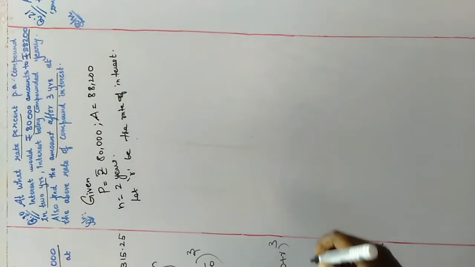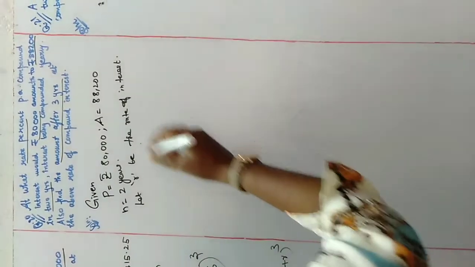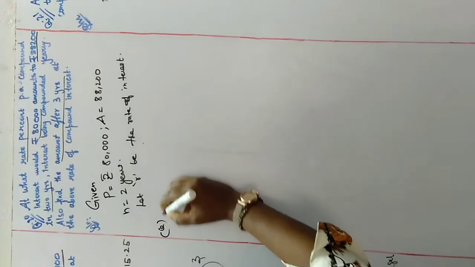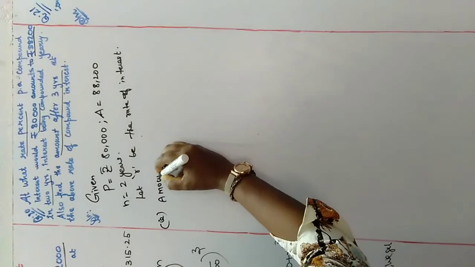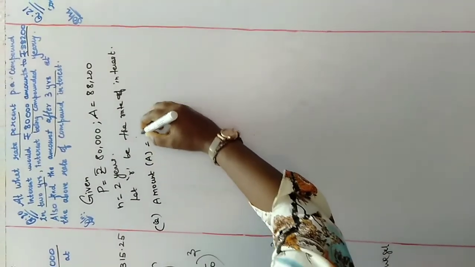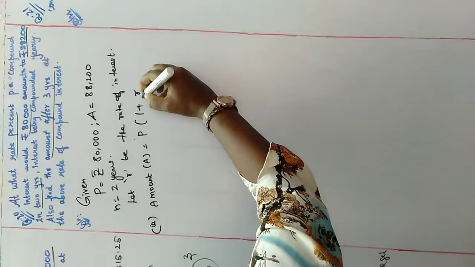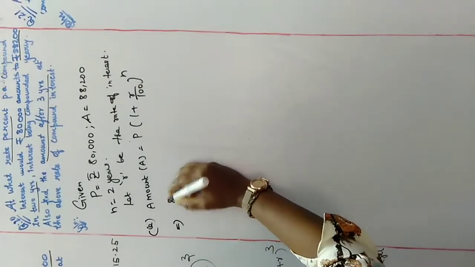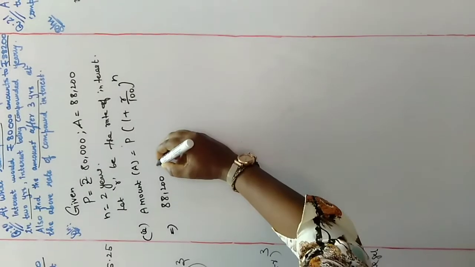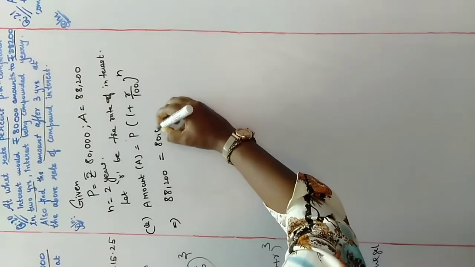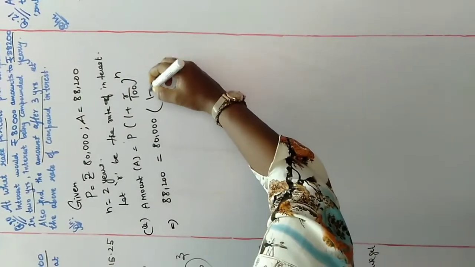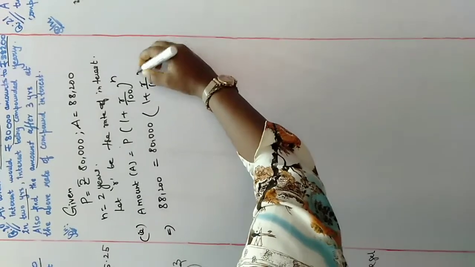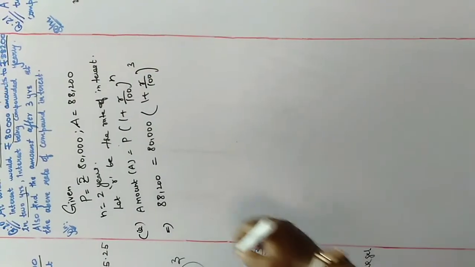Okay, by using the amount formula we are going to find the rate of interest, that is amount A equals P into (1 plus R by 100) the whole power n, which implies 88,200 equals 80,000 bracket (1 plus R by 100) the whole power 2, right.